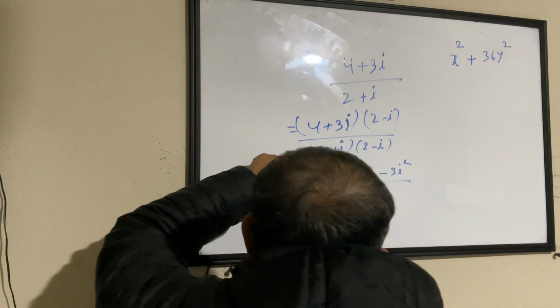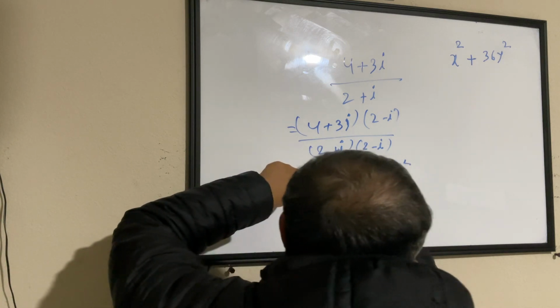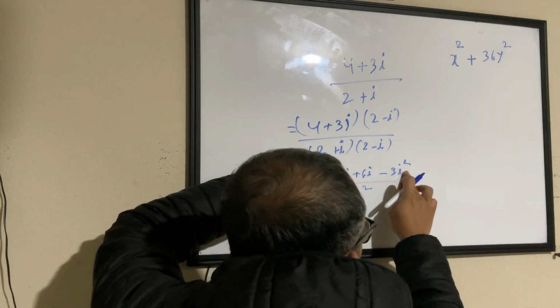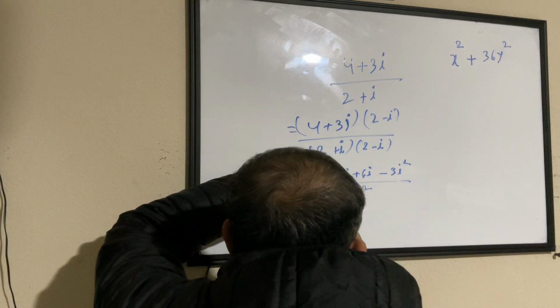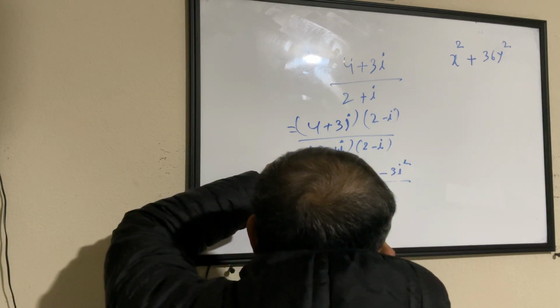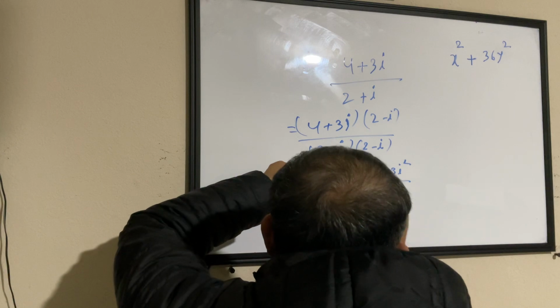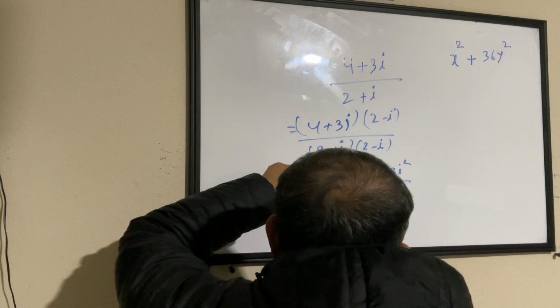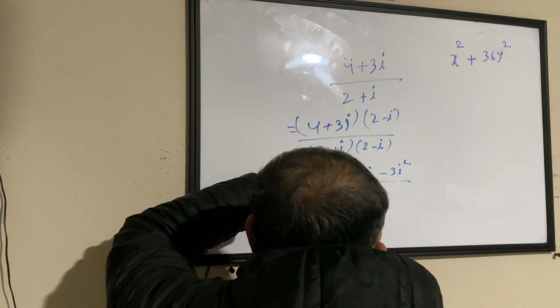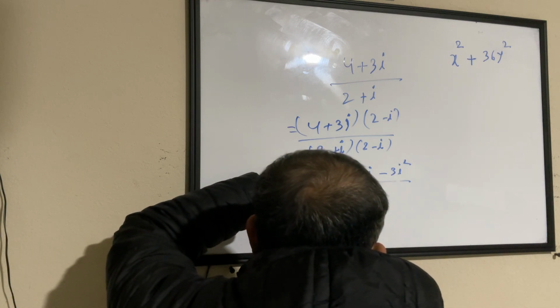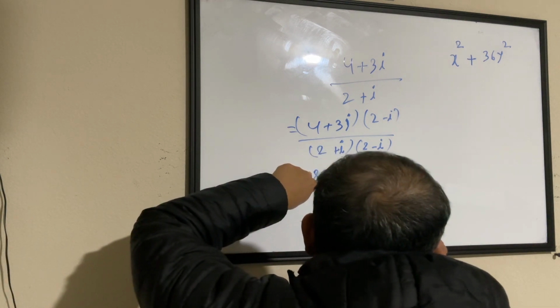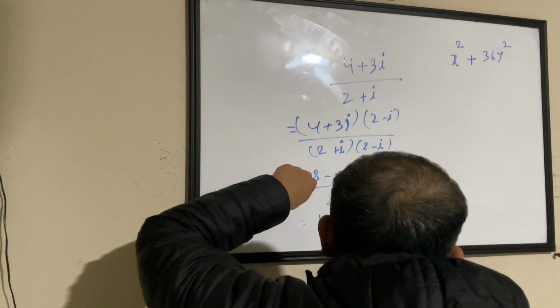So this became 8 and this became 3. 8 minus 3 into i squared, that is minus 3 into minus 1 became plus 3, so 8 plus 3, 11. This is my real component. Plus minus 4i plus 6i gives me 2i, divided by 2 squared minus i squared, so 2 minus minus 1, that is 2 plus 1. So it became (11 plus 2i) divided by 3.